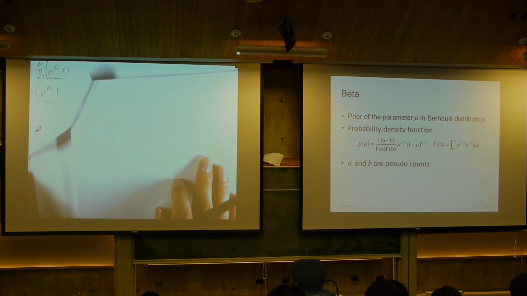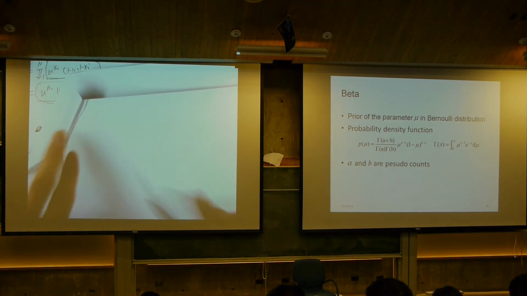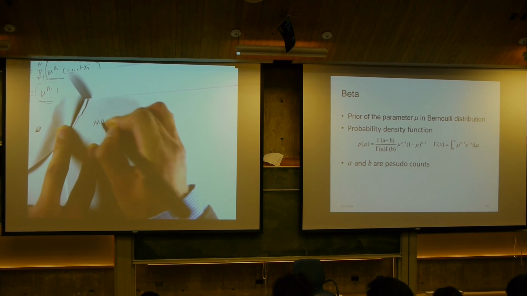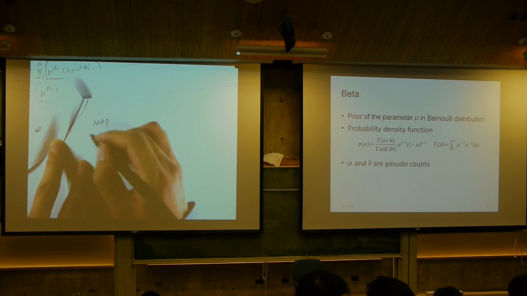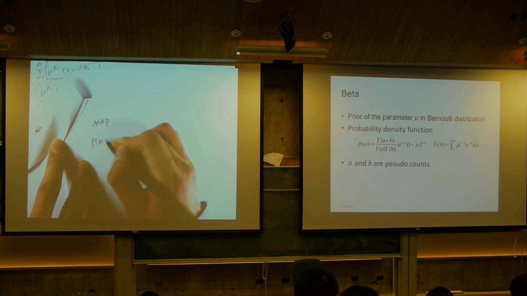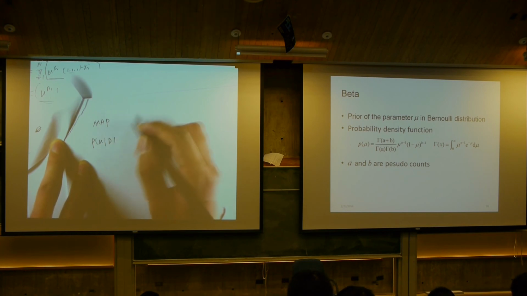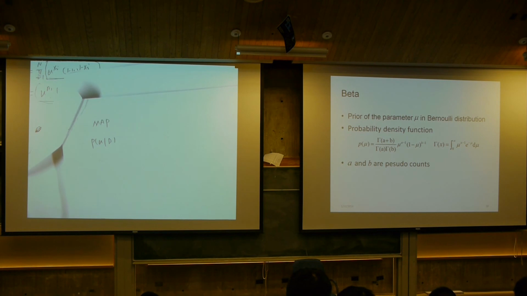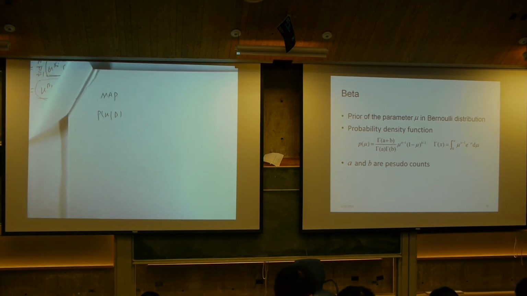This is MLE estimation. In MAP estimation, what we are trying to achieve is to estimate the optimal value of mu given the data set. This is the posterior.